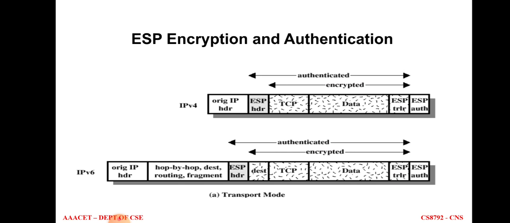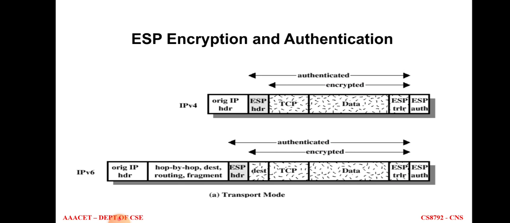The ESP header is inserted into the IP packet immediately before the transport layer header, and the ESP trailer is placed after the IP packet. If authentication is selected, the ESP authentication data field is added after the ESP trailer. In IP version 6, ESP is viewed as an end-to-end payload.